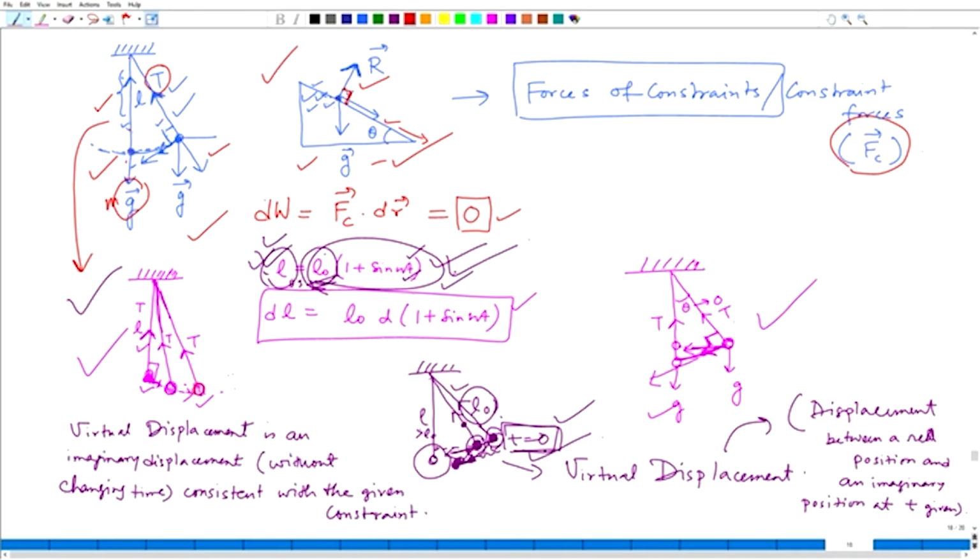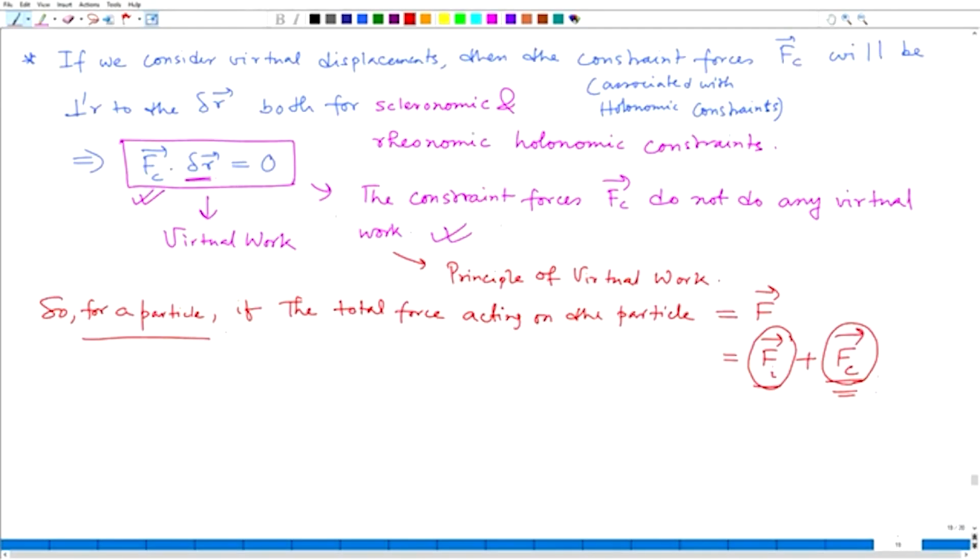So, again F I is the force due to the weight. That will be mg, acting downwards, and R will be the force of constraint, present only because we have constrained the particle to always remain in contact with the inclined plane.